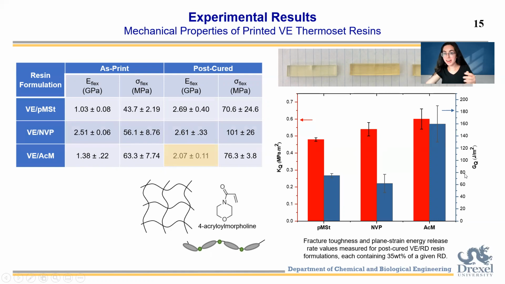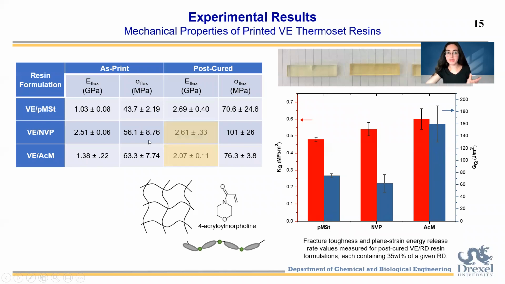So if we look over here at the toughness information, we see that vinyl ester systems containing acrylomorphin do obtain the highest fracture toughness and plane strain energy release rate values as measured by single edge notched samples that I show up here for each of my systems.